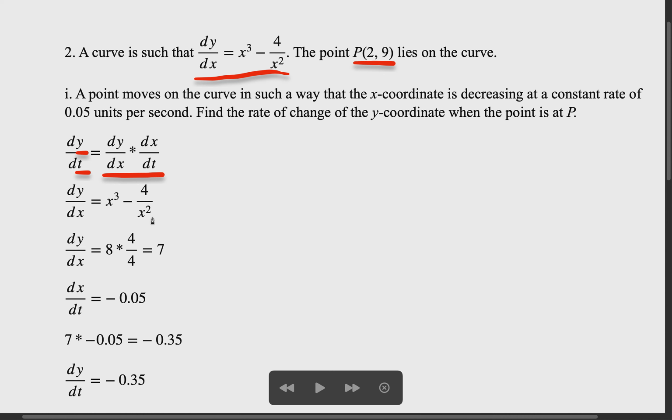Given that our x value at the point P is 2, we can plug it in, giving us dy/dx as 7, whereas dx/dt is explicitly stated in the question as 0.05 units per second. But since it is decreasing, we consider it negative. Therefore, we multiply 7 with negative 0.05, giving us dy/dt equal to negative 0.35.